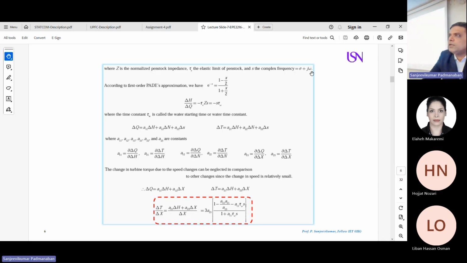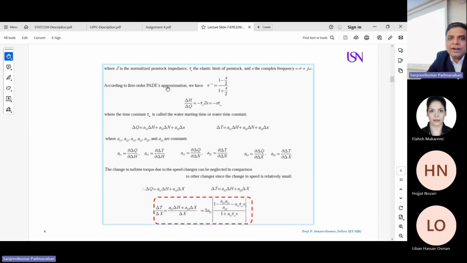That is periodic, because we are introducing terms called delta H and delta Q, a small deviation with respect to time. So we consider it as a frequency. This is done according to the first order Pade approximation through a mathematical approach. You might have studied in your mathematics what a Pade approximation is, so I'm not going into detail.